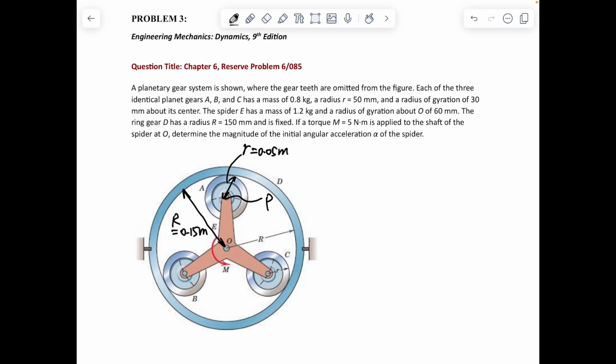First, we can get the displacement of the point P. Then dsp is equal to capital R minus r times d theta. And d theta A, which is the change of the angle of the gear A, is equal to dsp over r. This is equal to (capital R over r minus 1) times d theta.